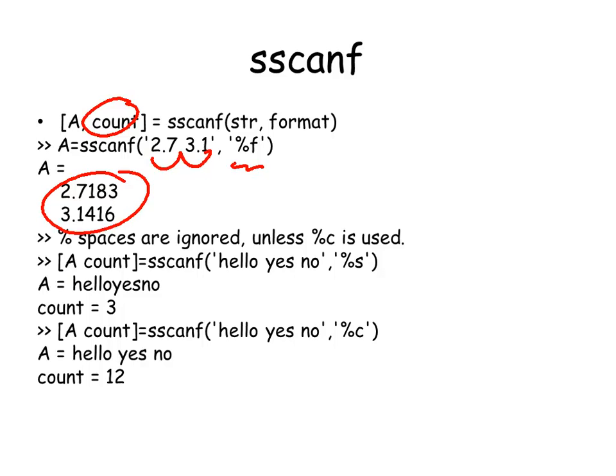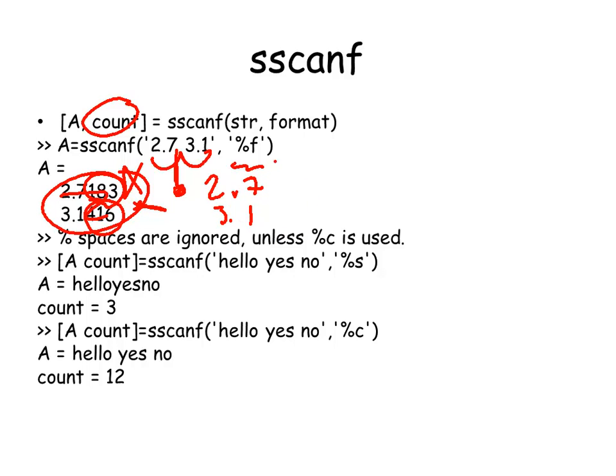I believe this example is not accurate because I'm missing these additional floating decimal places that are shown in the output. So this example is not correct. It should just be 2.7 and 3.1.